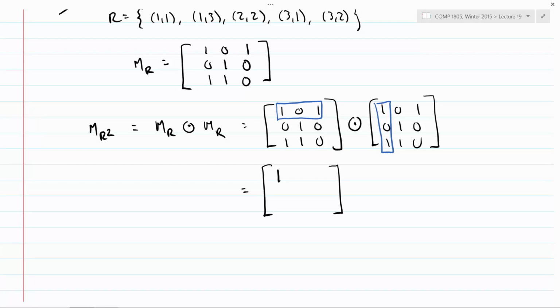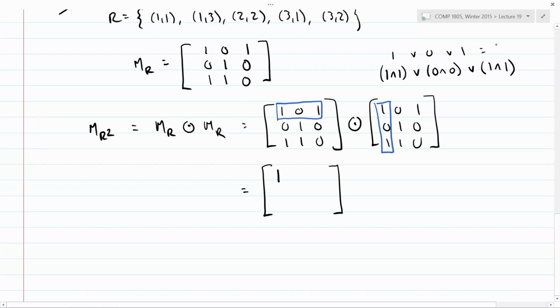So really, this is 1 and 1, or 0 and 0, or 1 and 1. So that's 1 or 0 or 1, which is 1. So that's how these things are connected. So that's why I get a 1 in the top left. So that's the first row in the first column.